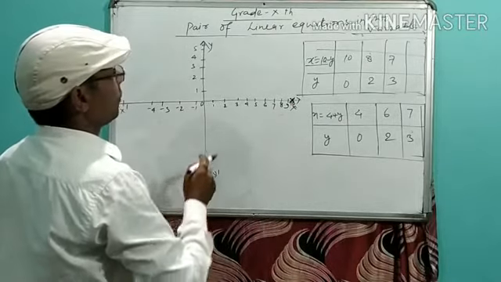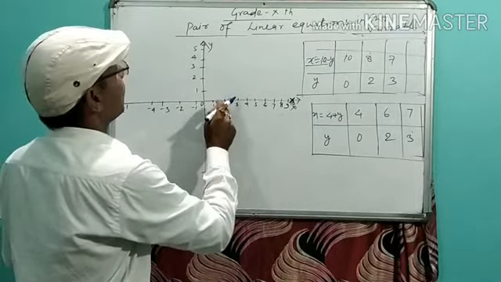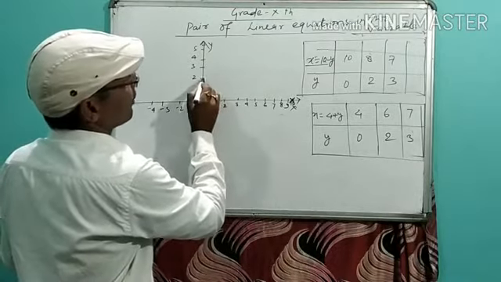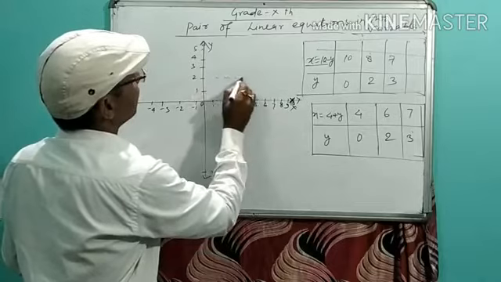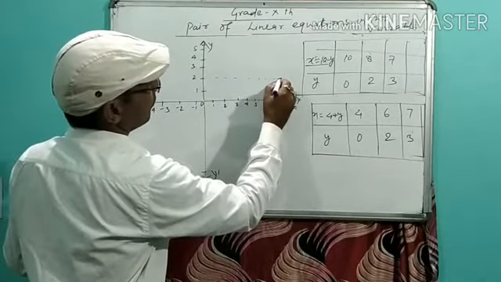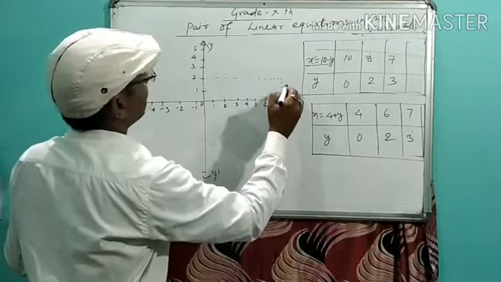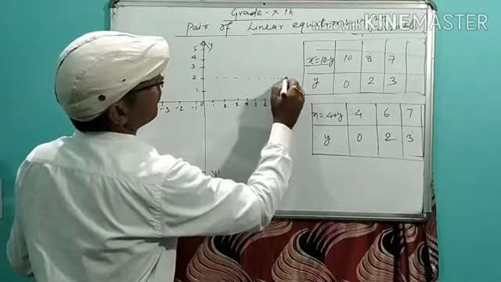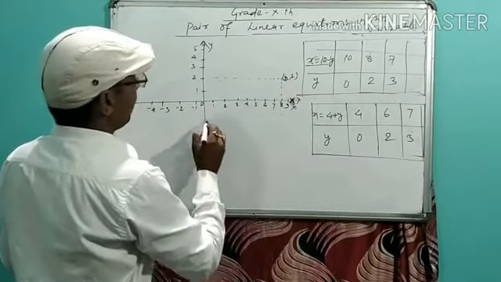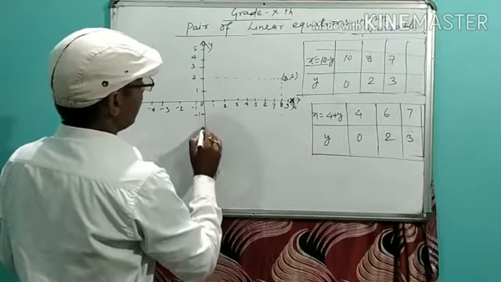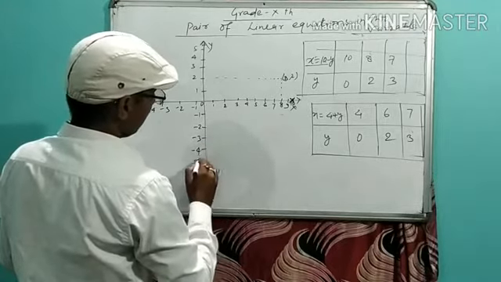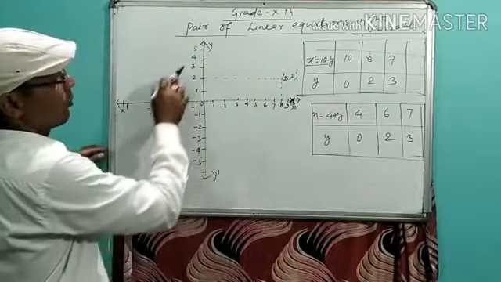Next y 2, x 8. Here you will take negative, negative, positive, positive.